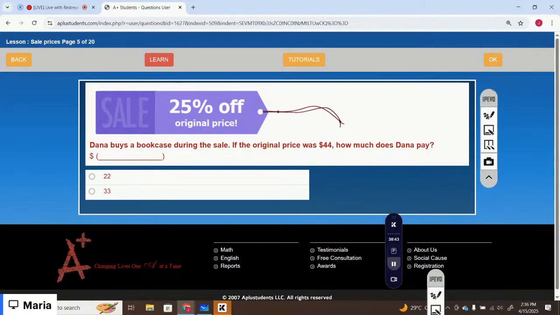You need to calculate the price after the 25% off.